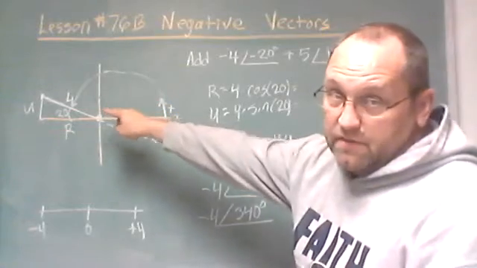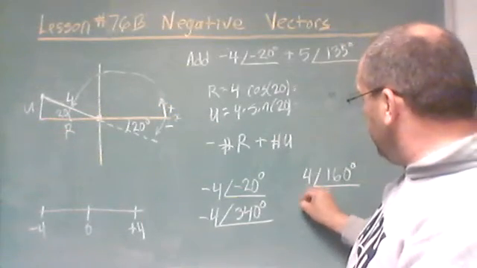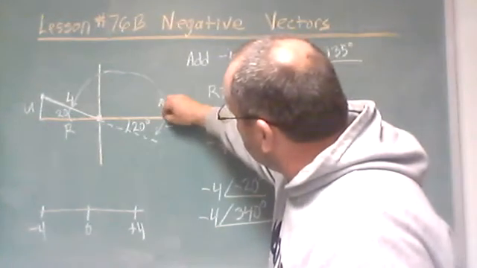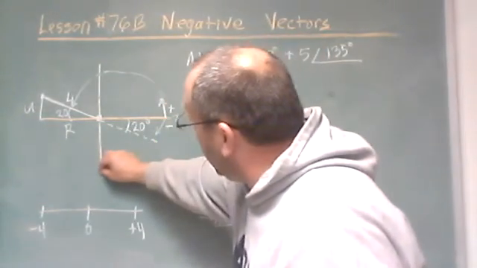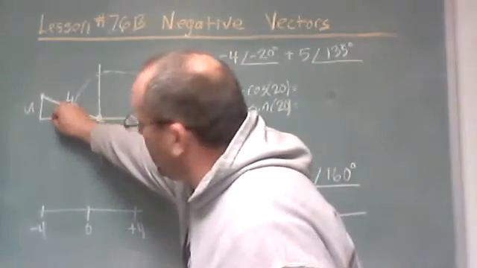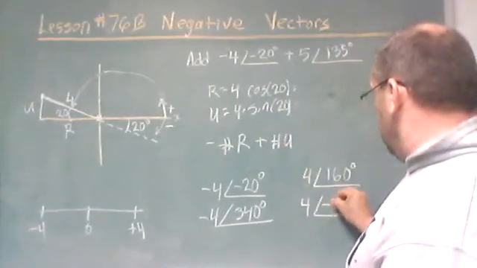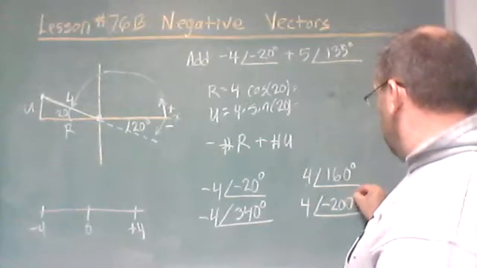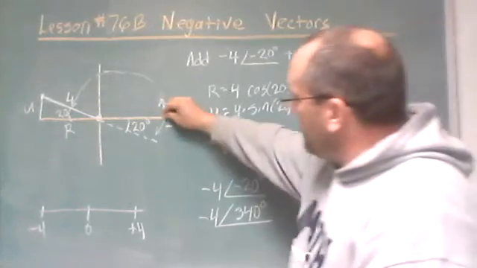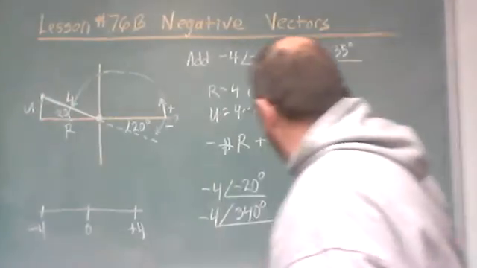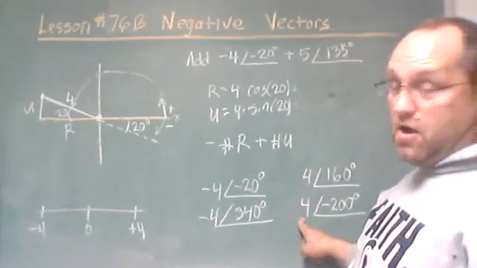It's the same vector. Or if we use a positive 4, we could come along the negative direction, minus 90, minus 180, minus 200. We come around minus 200, it gives us this line, and then we plot out plus 4 along that line.